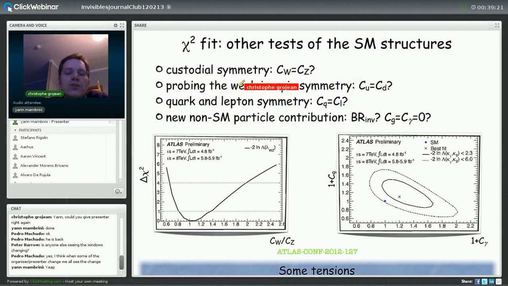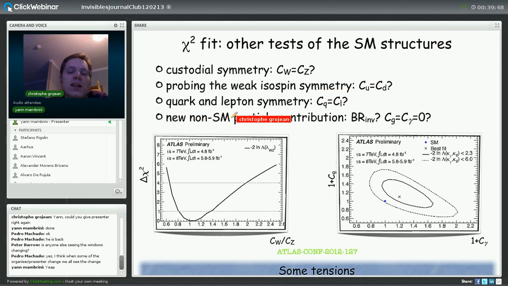Then you would like also to see whether the Higgs actually respects the weak isospin symmetry, namely whether the deviation in the coupling of the Higgs to the up-type quarks is the same as the one in the down-type sector, and whether there is a quark-lepton symmetry or universality, namely if the deviation in the coupling of the Higgs to the quarks is the same as the deviation of the coupling of the Higgs to the leptons.